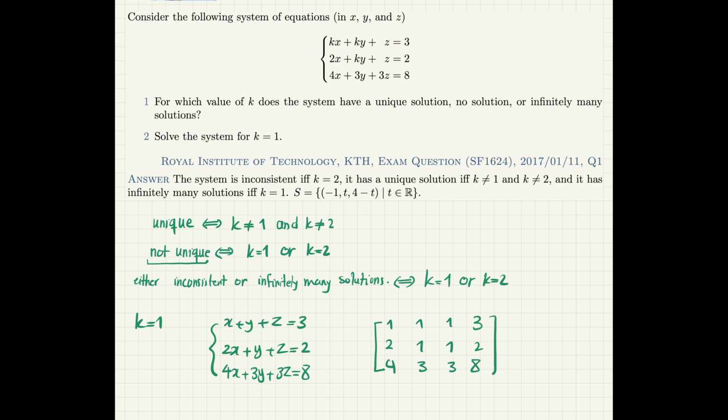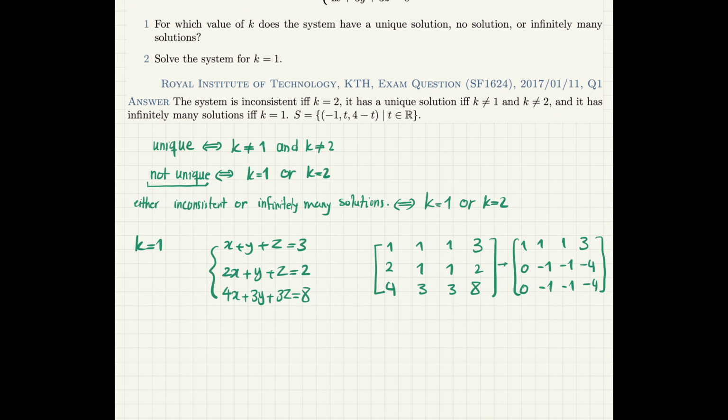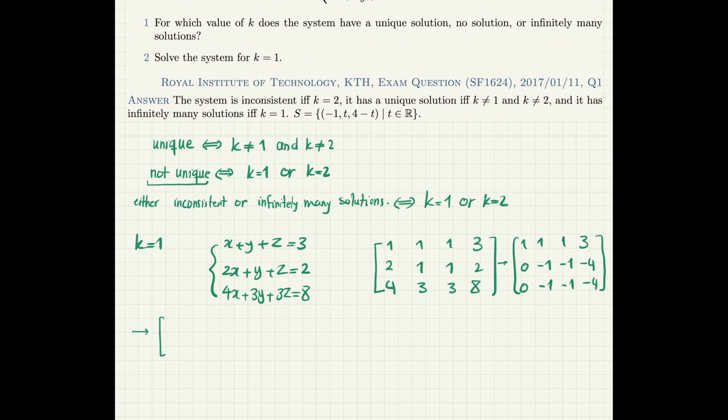So for example, I can just copy the first row and multiply the second by -2, so it becomes -1, -1, and -4, and then multiply by -4 here, -1, -1, and -4. Okay, so immediately it becomes clear. You see, no messy calculations at all. So I do it once more.